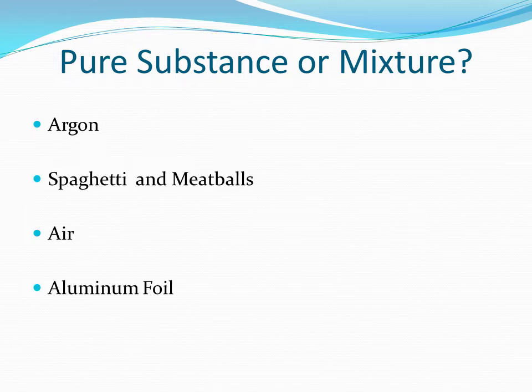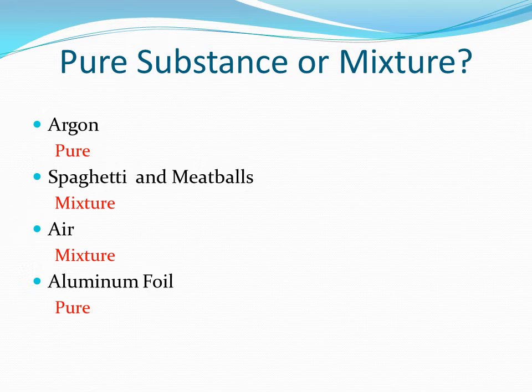Spaghetti and meatballs, of course, that's one of our favorite pasta dishes. Air can be made of many different things, primarily nitrogen, oxygen, other trace gases. And then we have aluminum foil. That's what we use in our kitchen. So take a second, think about those.